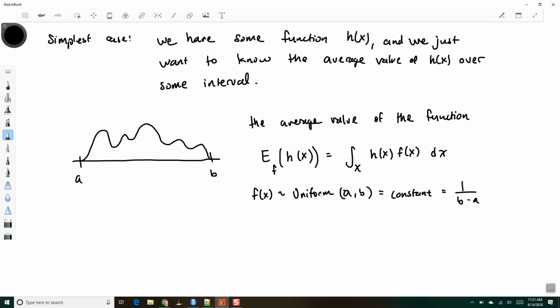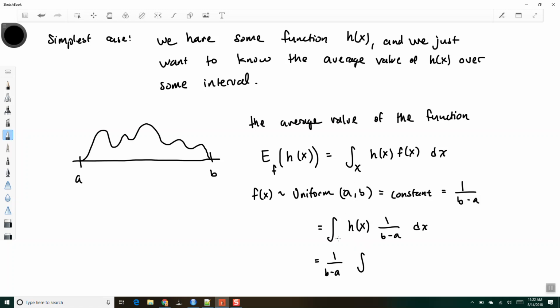Okay, so this becomes relatively easy for us. We just do h of x times 1 over b minus a times dx, and so we can pull this out: 1 over b minus a times the integral.